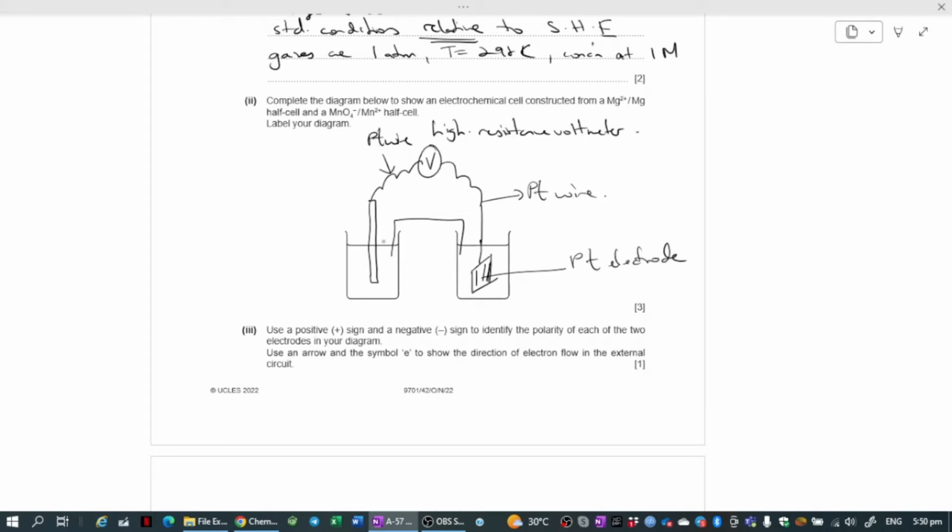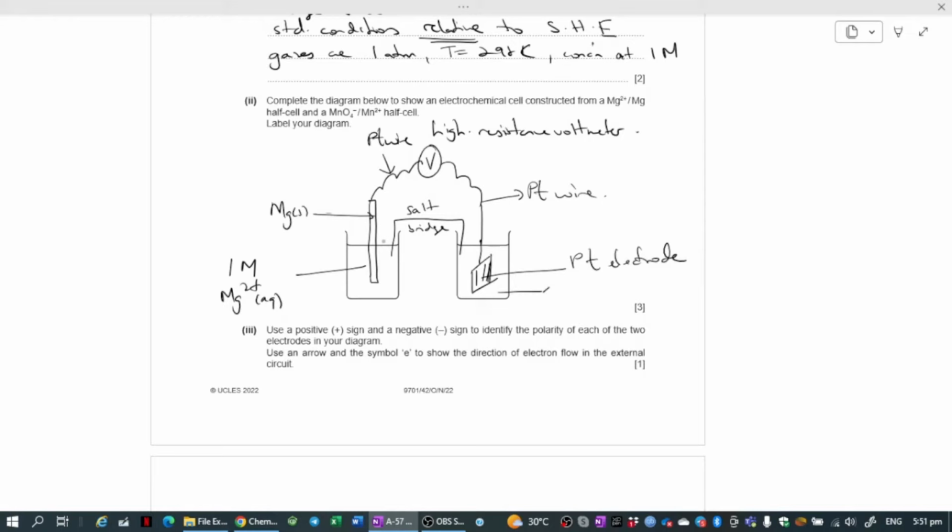You could also refer to it as platinized platinum or platinum black. And we have our salt bridge. So salt bridge. This is our Mg rod. And this here would be a 1 molar solution of Mg2+ aqueous.